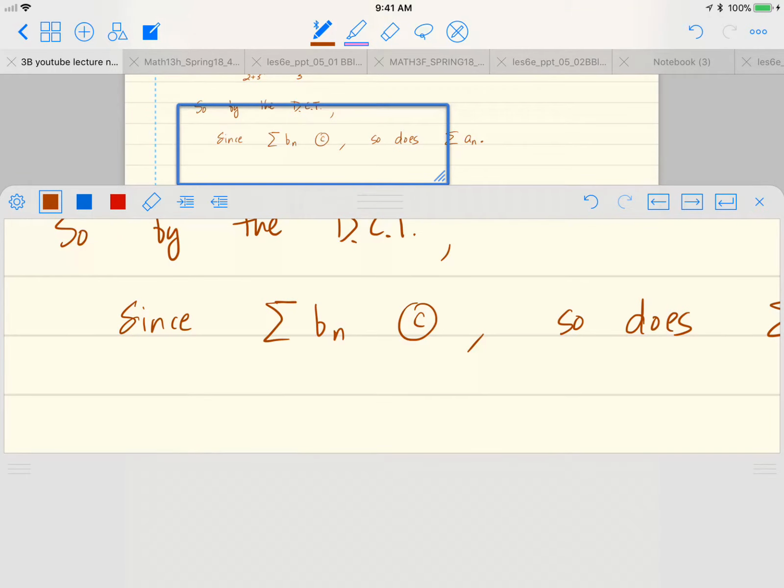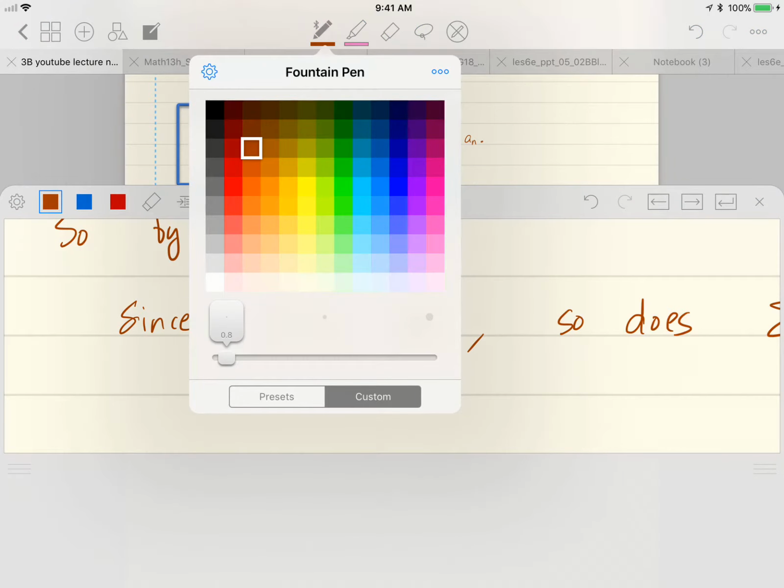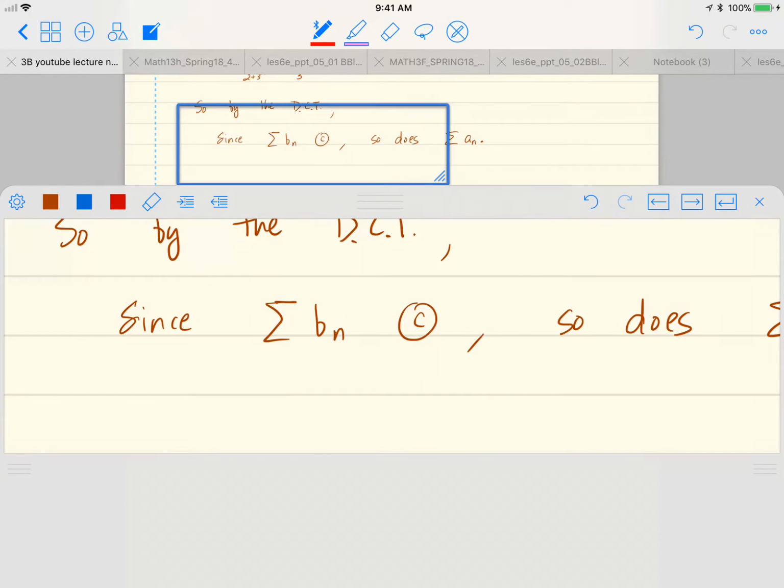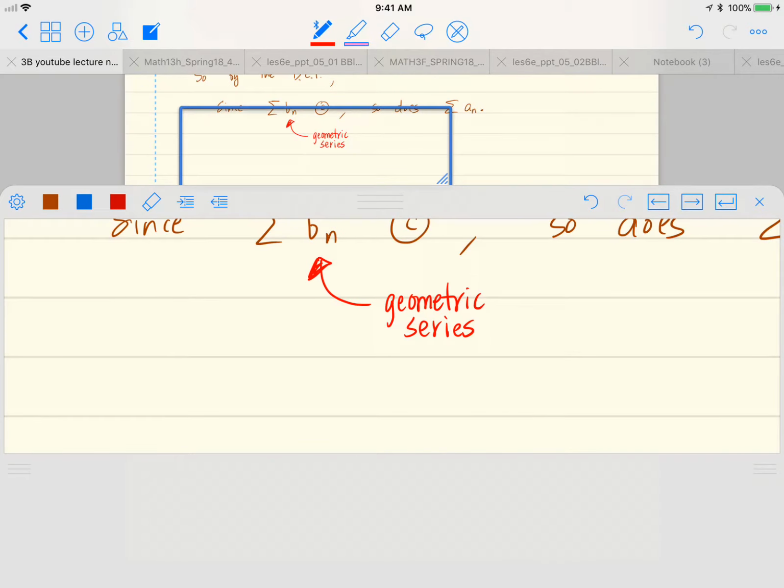Now how do we know that the series of b sub n converges? We need to put in here, it is a geometric series with r equal to 1/3.